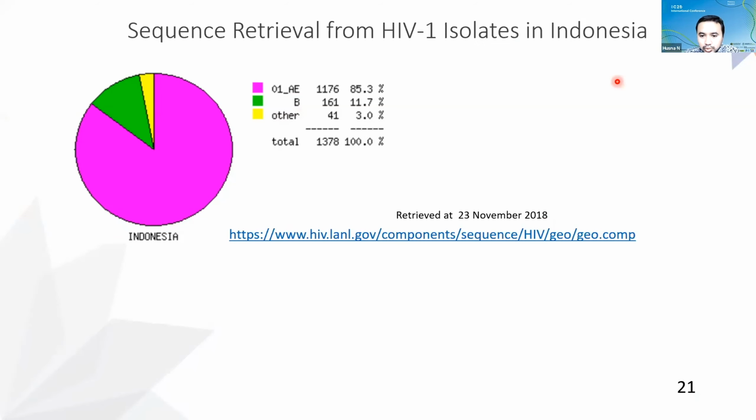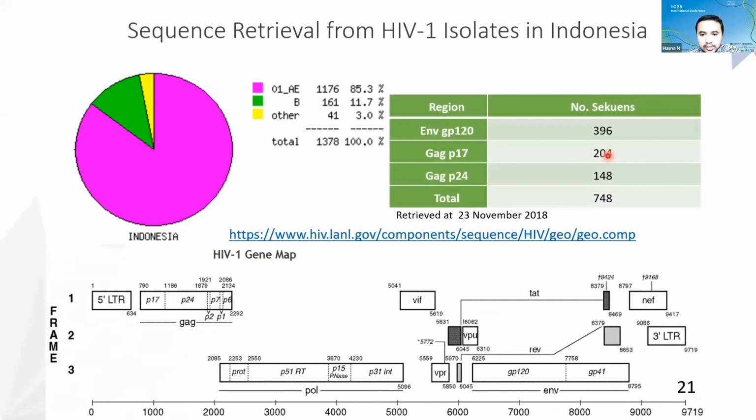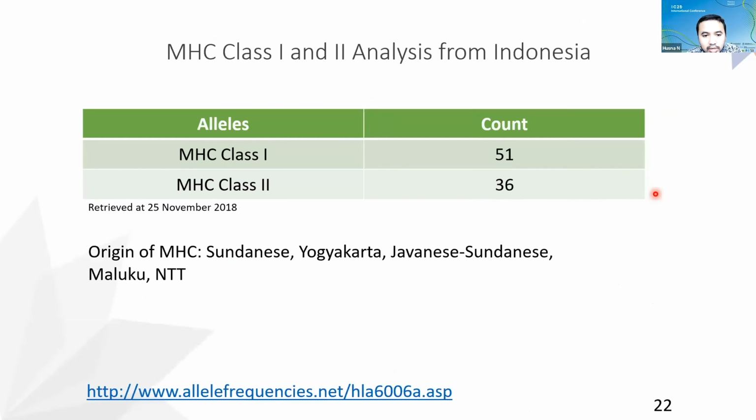We tried to retrieve the sequences from Indonesia and map them. We got around 700 sequences from the envelope and also from the GAG, P17 and P24.